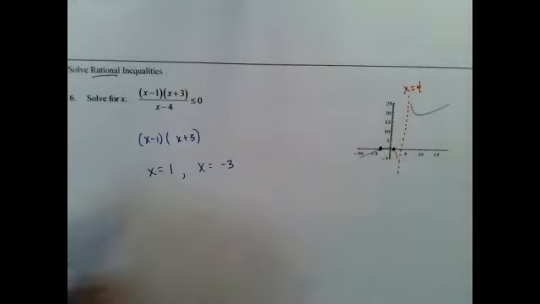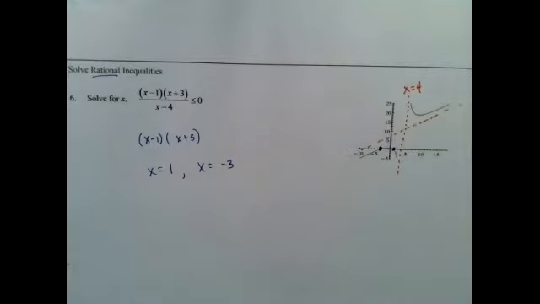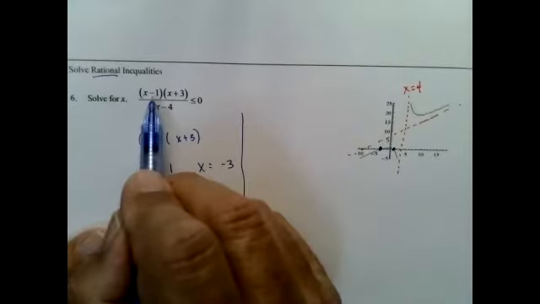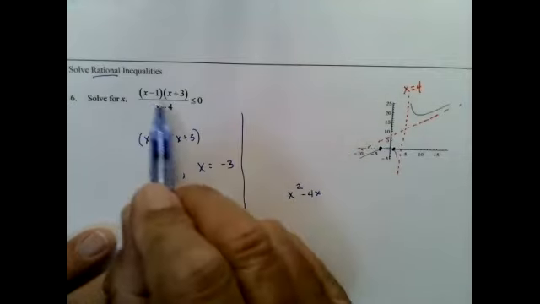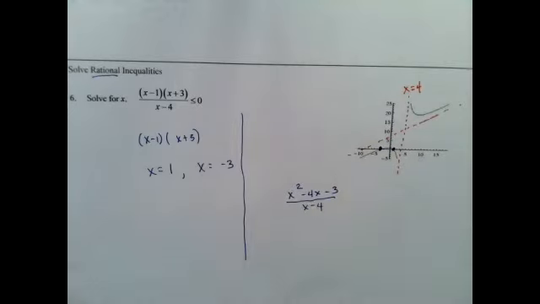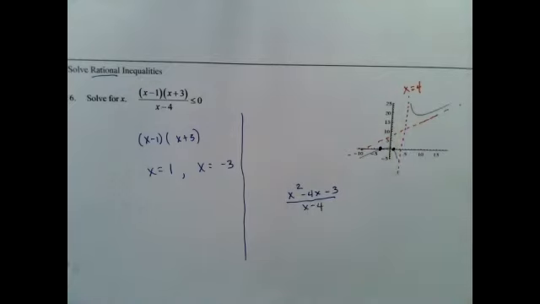Quick review. This does in fact look like a slant asymptote, doesn't it? This becomes x squared minus 4x minus 3 over x minus 4. And when I was doing asymptotes, I said when this equals 0, we have a vertical asymptote. When this degree is bigger than this degree, I do the division.